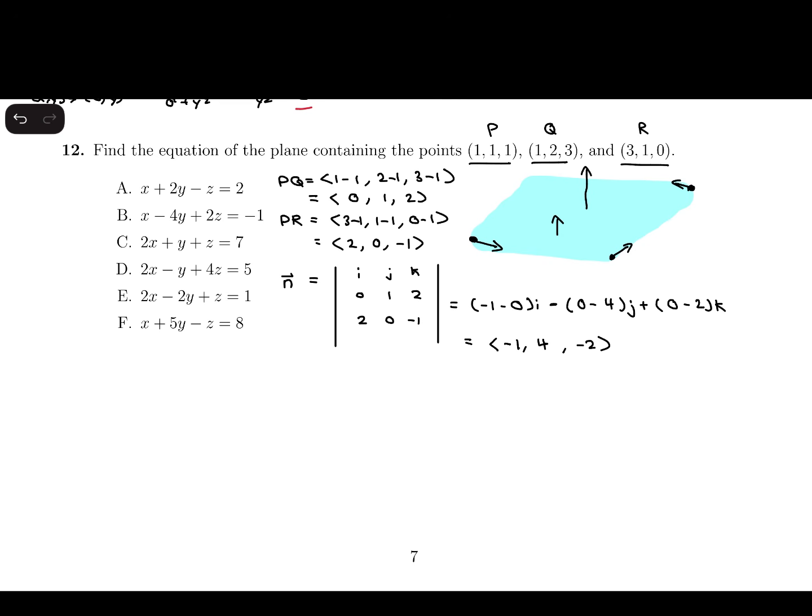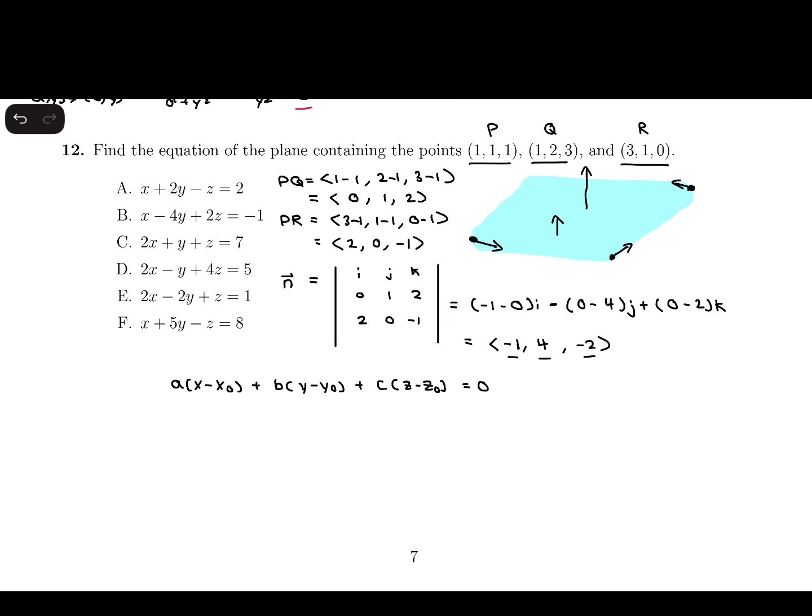Okay, now that we have our normal vector, we can just write the equation of the plane. Remember, the equation of a plane is A(x minus x naught) plus B(y minus y naught) plus C(z minus z naught) all equaling 0. And remember, A, B, C is simply the components of your normal vector.